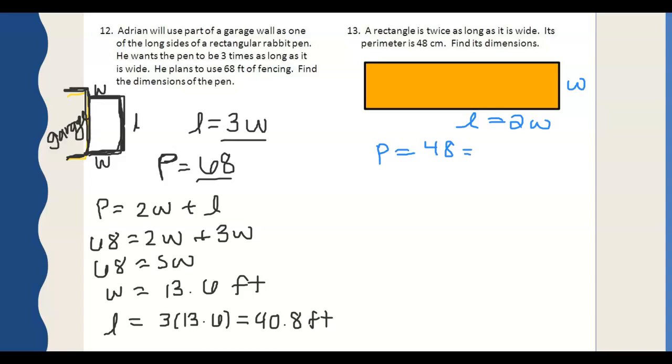And we know perimeter is 2L plus 2W. But in this case, our L is 2W. So we get 48 equals 2 times 2W plus 2W. So once again, we're substituting in.